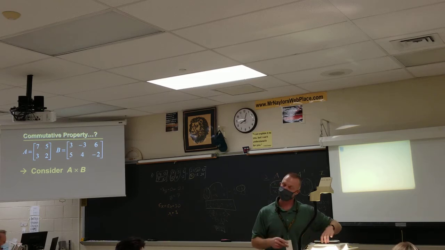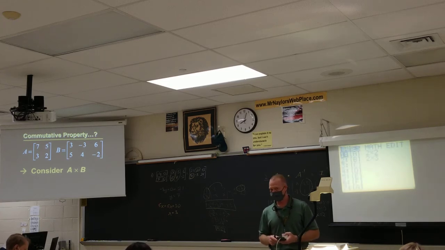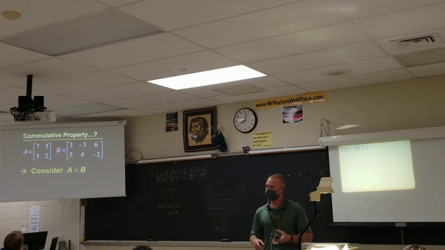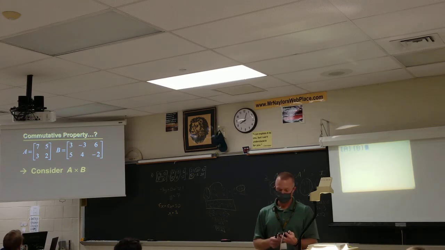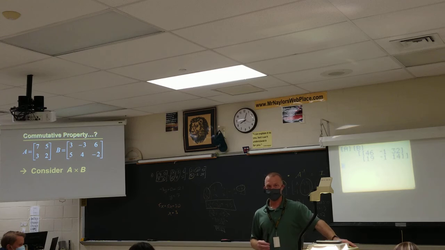So we go back to the home screen, and then we actually go back to the matrix menu so that we can grab these names A times B.